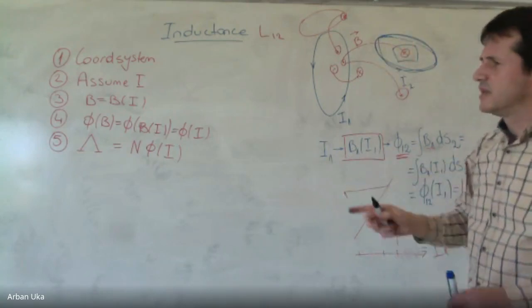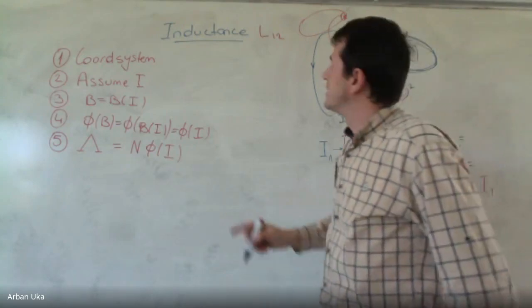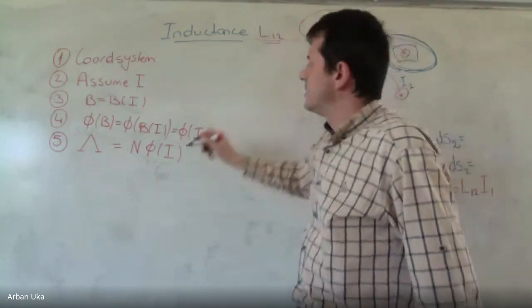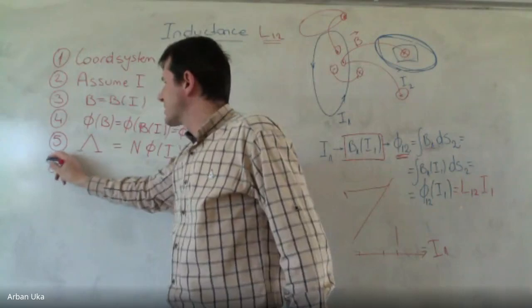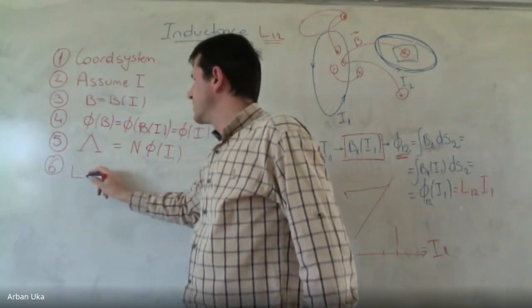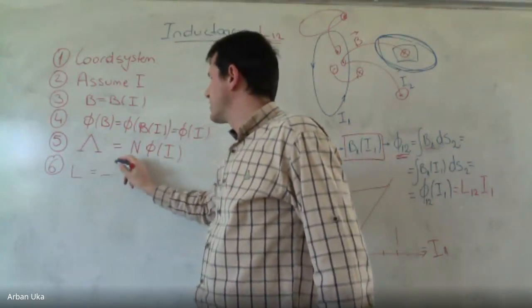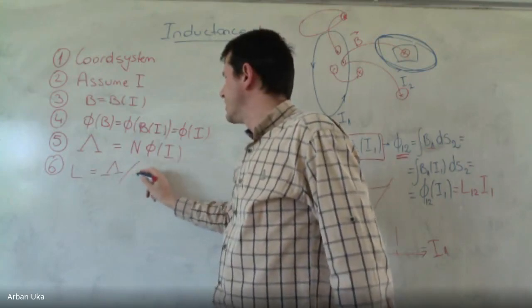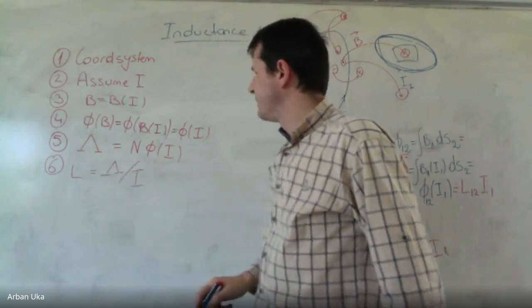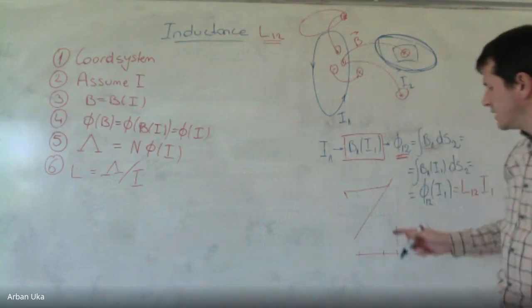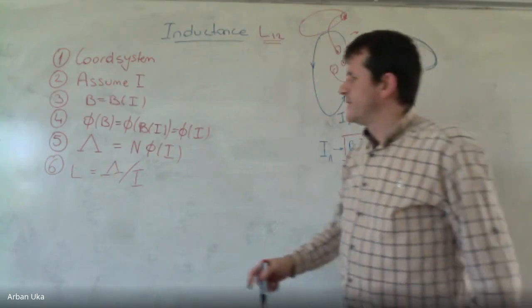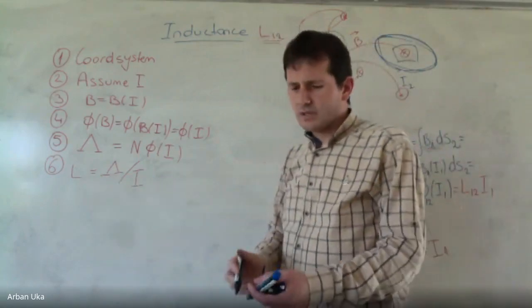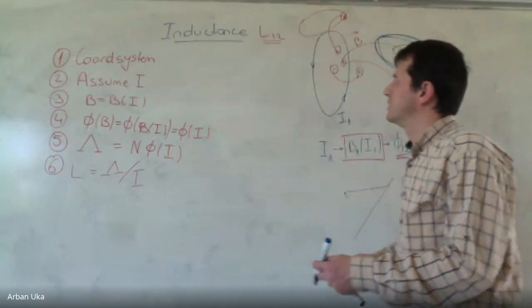So this is what we need to do here. And finally, we can find this inductance, which is going to be the sixth step. And this inductance here is going to be equal to this flux linkage divided by the current. Because we said that it's a linear relationship. So this is the whole set of steps that we need to use.